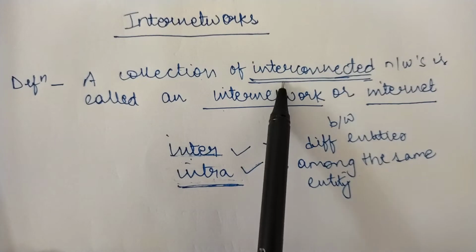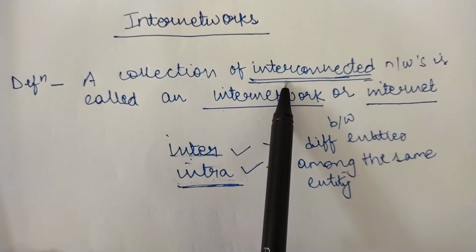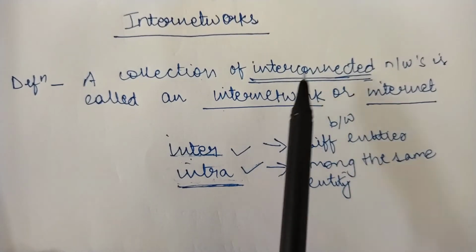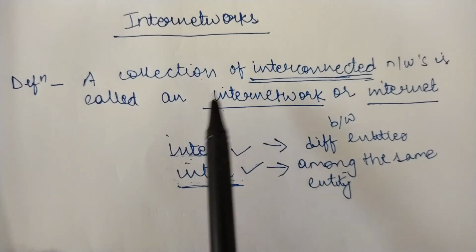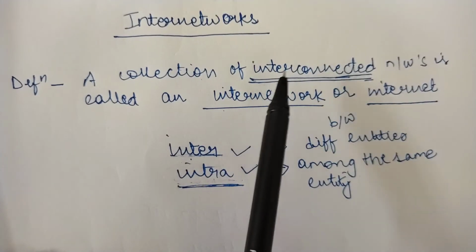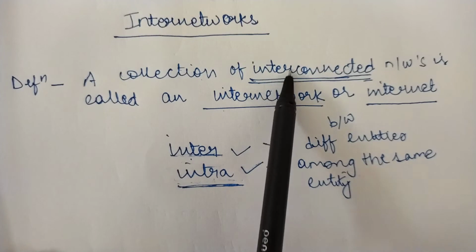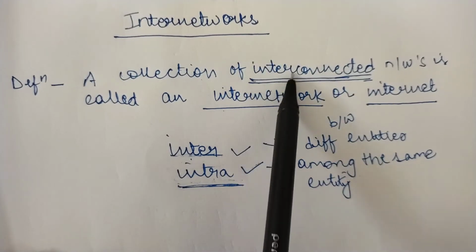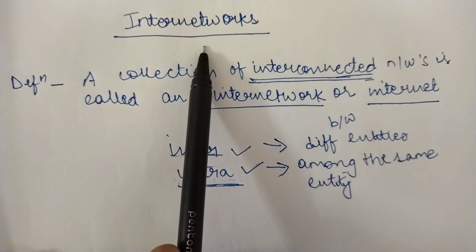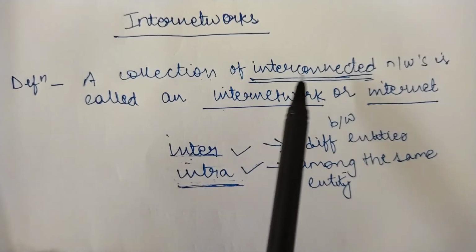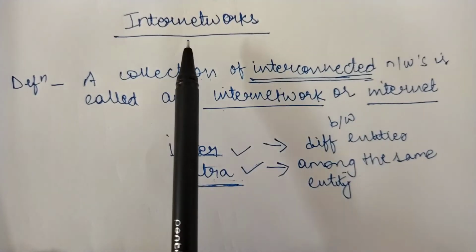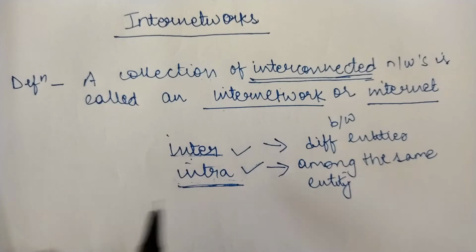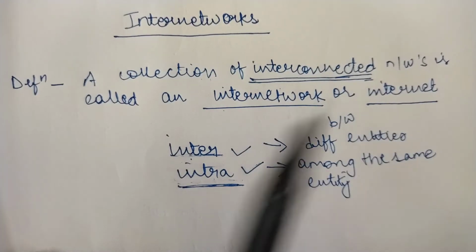That means interconnected in what sense? Different kinds of networks which are connected. We use the term inter only because they are different kinds of networks. So when different kinds of networks are connected together, it forms an internetwork or an internet.